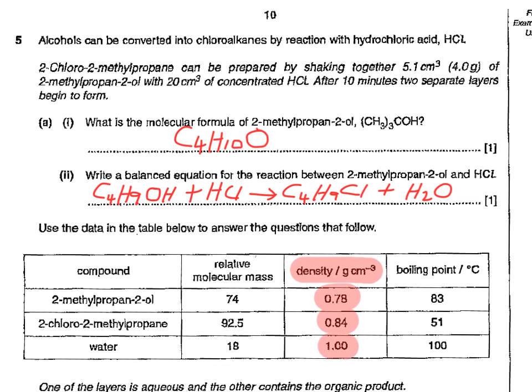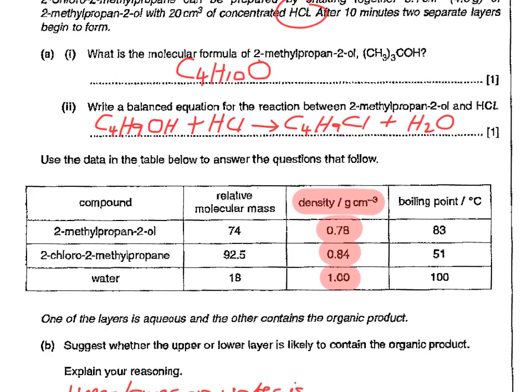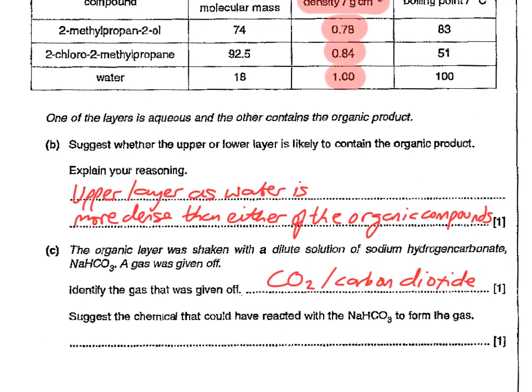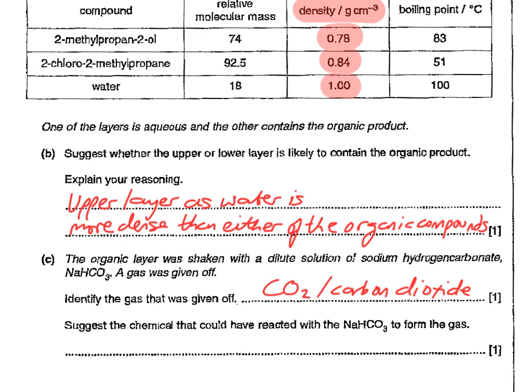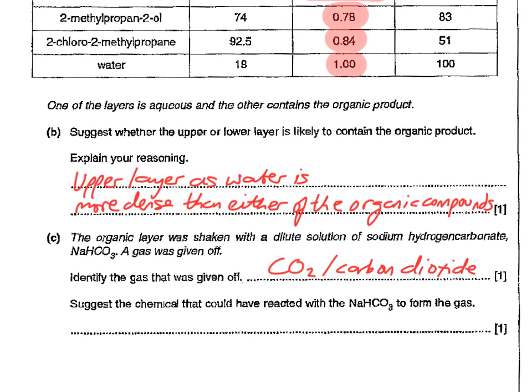So we know that carbonates and hydrogen carbonates react with acids. So this time it's not a carboxylic acid, but it is an acid. And carboxylic acids are no different. So just putting this into the context of what we were talking about a few moments ago.